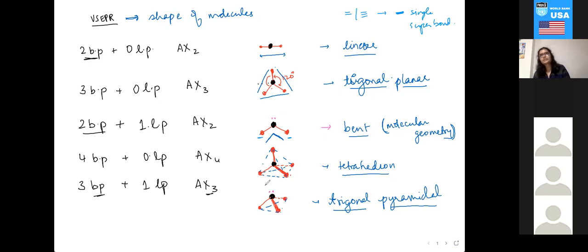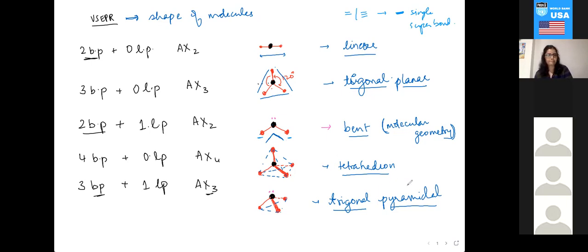Or it could be an assertion-reason question, like: in PCl5, the axial atoms are slightly longer than equatorial atoms, and then for the reasoning you'll be given another statement. You'll be given molecules like SF6, PCl5, CO2, NH3, BF3, and asked questions based on the shape.